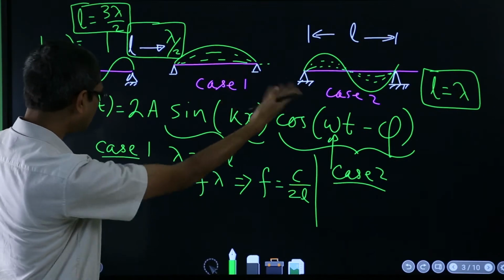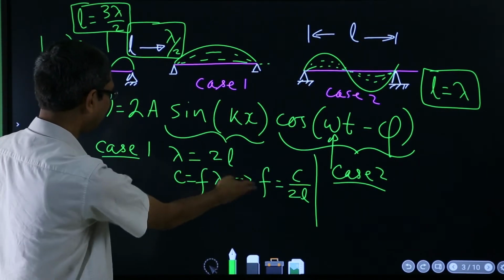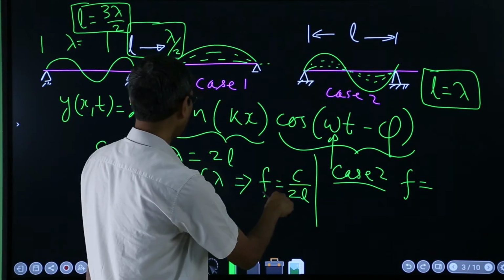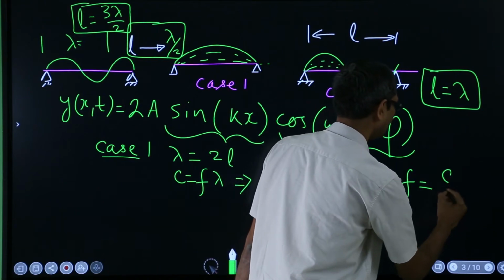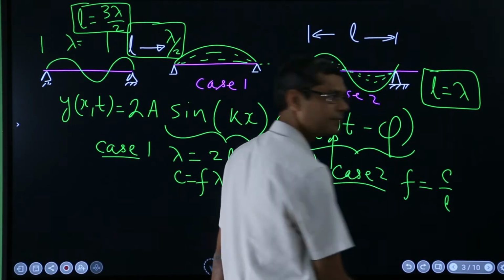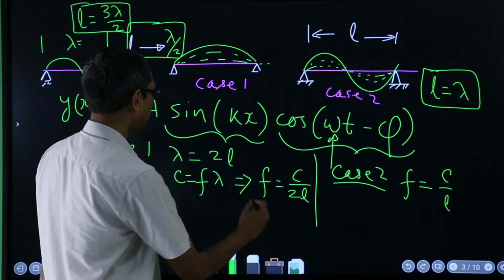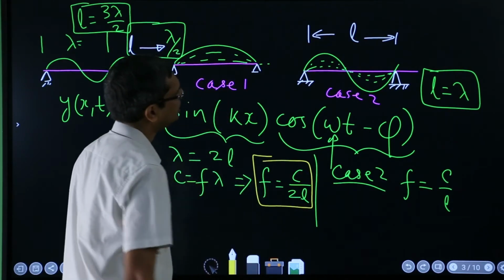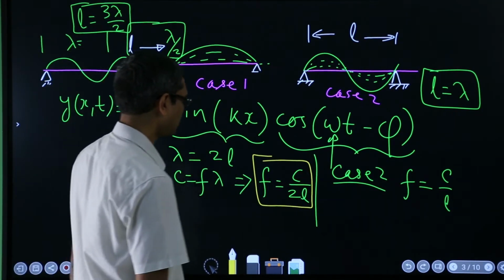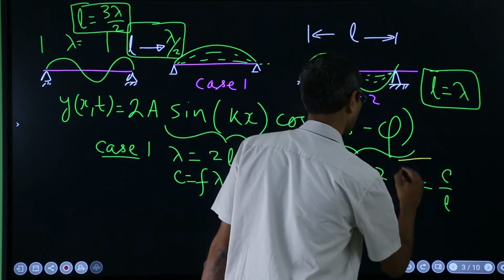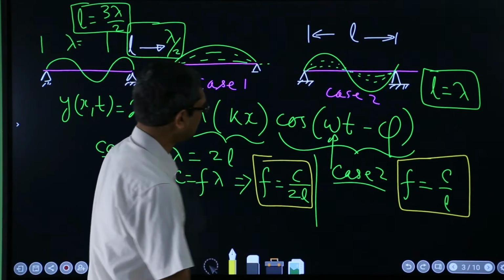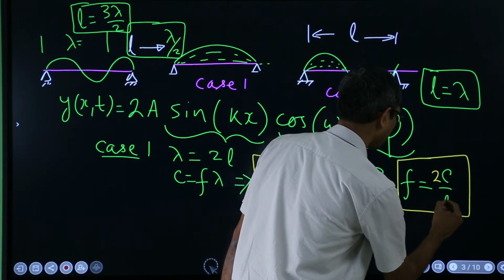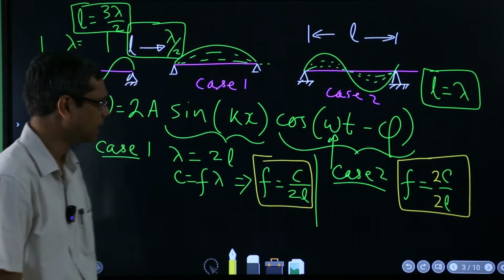Lambda is L, so your F will be C over L. So in case 1 the frequency existing there is C over 2L, and this is C over L, or 2C over 2L.